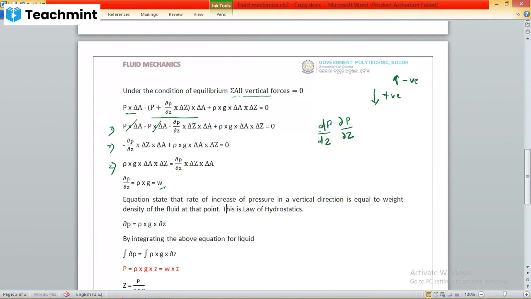What is w? w is nothing but the specific weight. So we can say the rate of increase of pressure in the vertical direction is equal to the weight density of the fluid at that point. This is called the law of hydrostatics, or hydrostatic law.